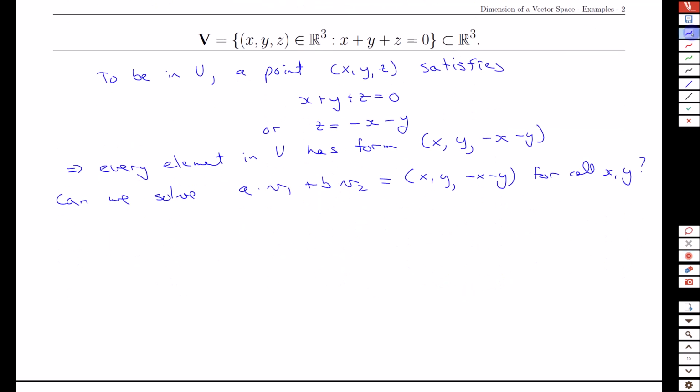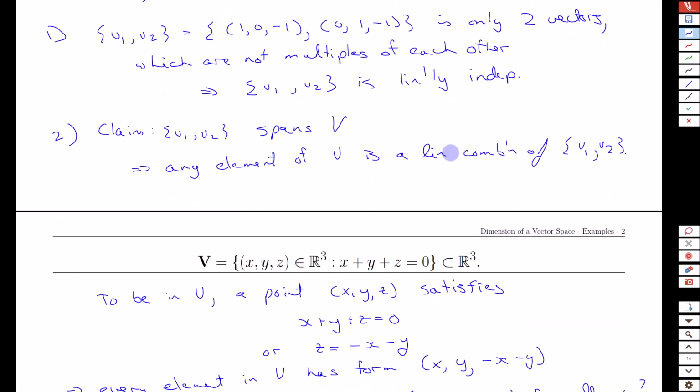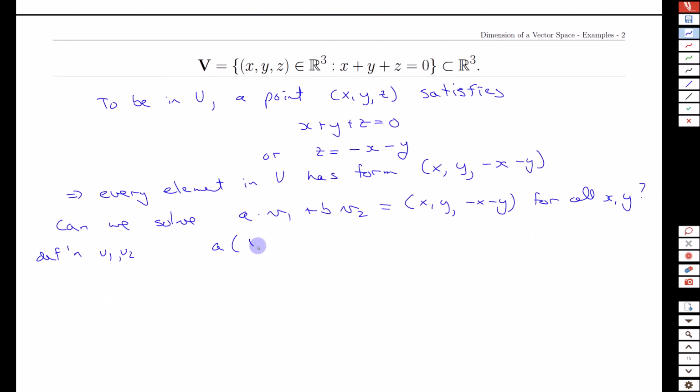Well, absolutely we can, because we're actually given the definitions of v1, v2. So that's a times, the vector v1 was up here, 1, 0, minus 1. And b was 0, 1, minus 1, so just a 1 in a separate slot. x, y, and minus x, minus y.